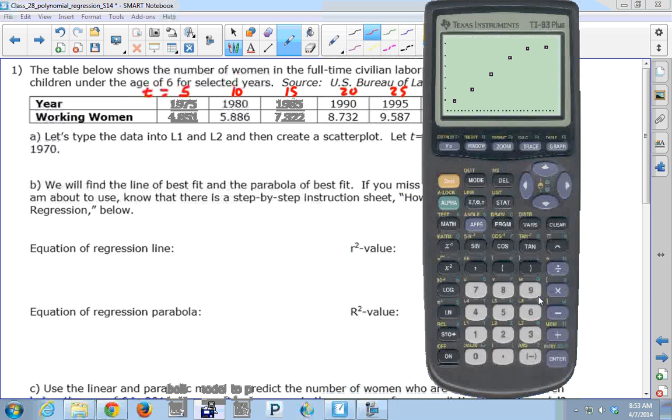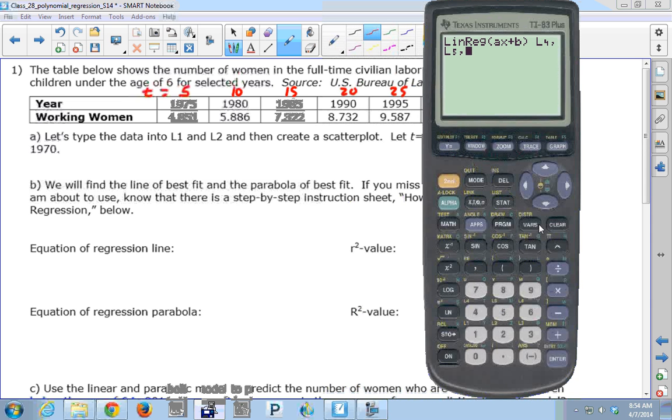So first you try your linear regression. You just go to stat, you go to calc, and you go down to linear regression. You hit enter. And again, you want to put where your lists are. Mine happen to be L4, comma, L5, comma, and then I have to tell it where to put it as an equation in my y equals.